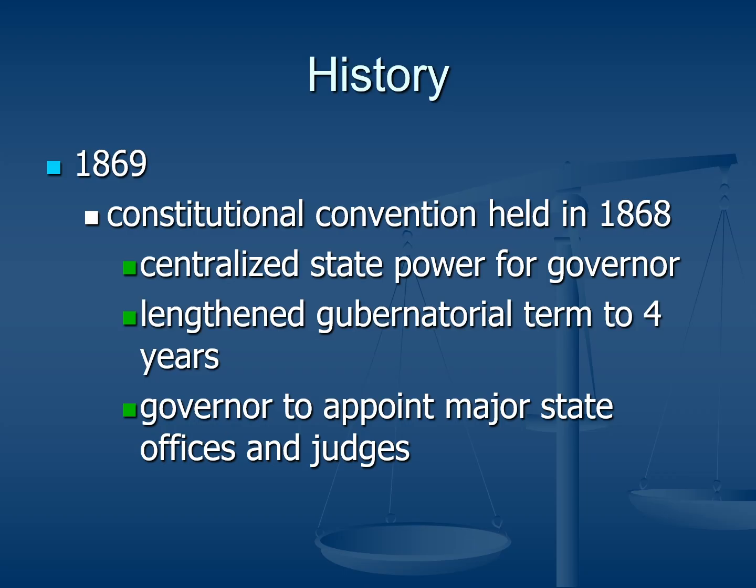They lengthened the gubernatorial term to 4 years, and they allowed the governor to appoint all of the major state offices and all of the judges that were going to be serving in different capacities within the state of Texas. So that's already saying right there that it's giving the governor a lot of power.